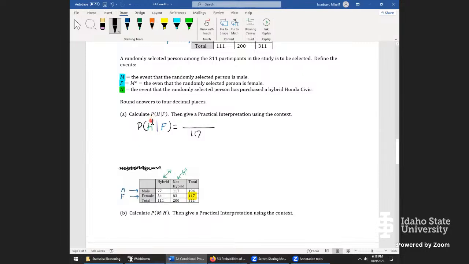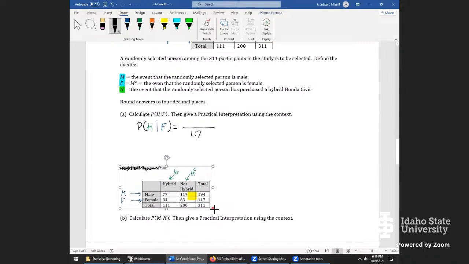Now, the probability of H is essentially the question. We want to know, how many ways did we get a hybrid engine? If all we care about were the female buyers, anyone see those number of purchases for the numerator now? It would be the 34, exactly.